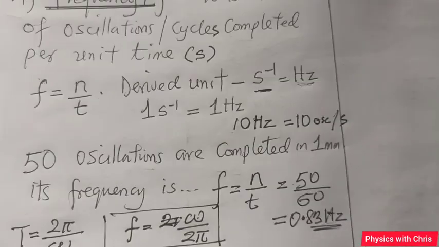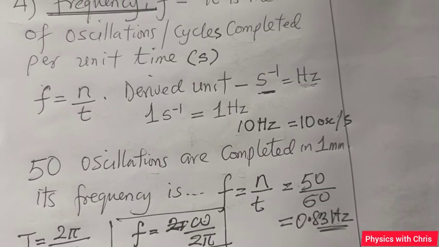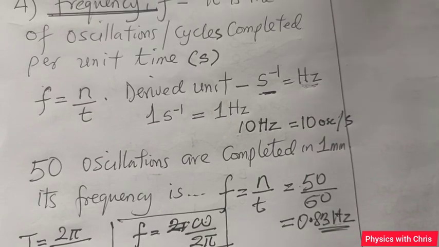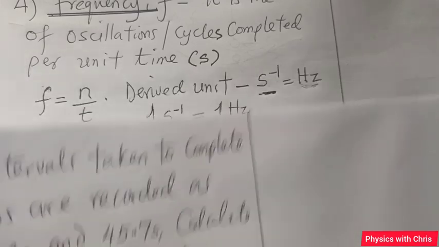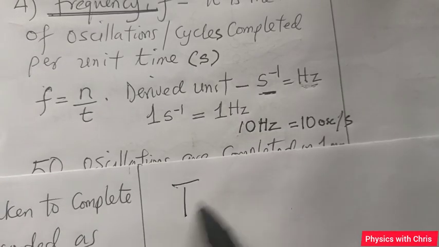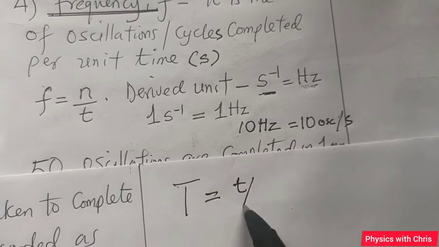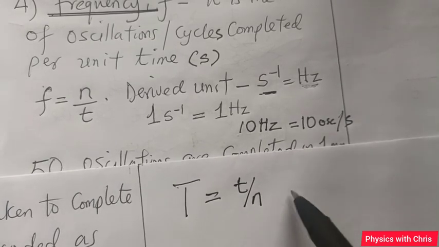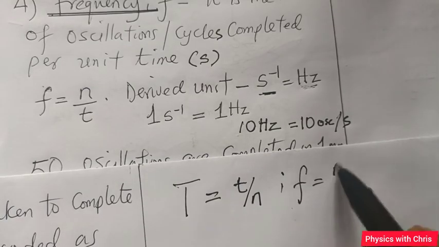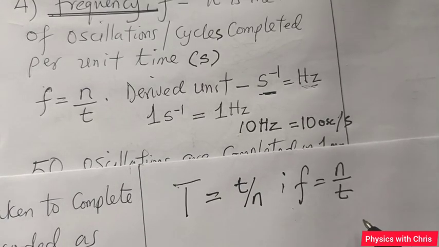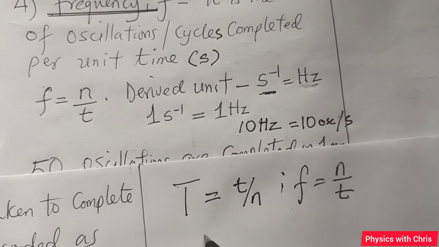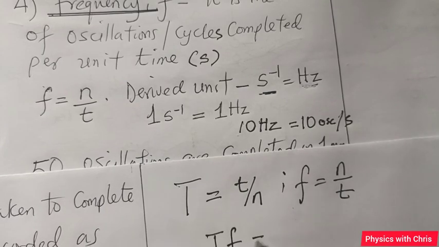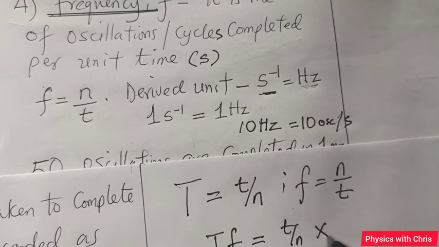And we can also show that there's a relationship between period and frequency. How are they related? Frequency and period. Because if you come back here now, the period is already defined as T = t/n, time taken to complete a number of oscillations, and then frequency is f = n/t. I want to show there's a relationship between period and frequency. I multiply the two equations. I have Tf equals t over n times n over t.